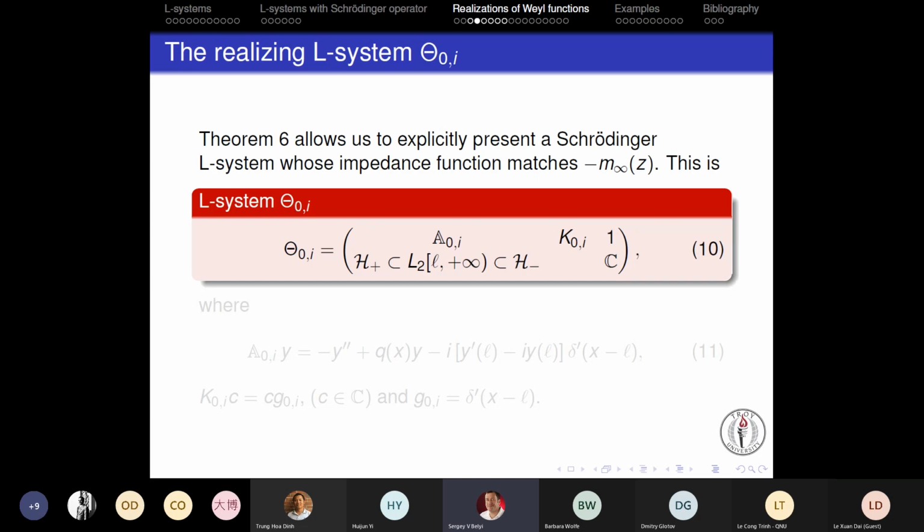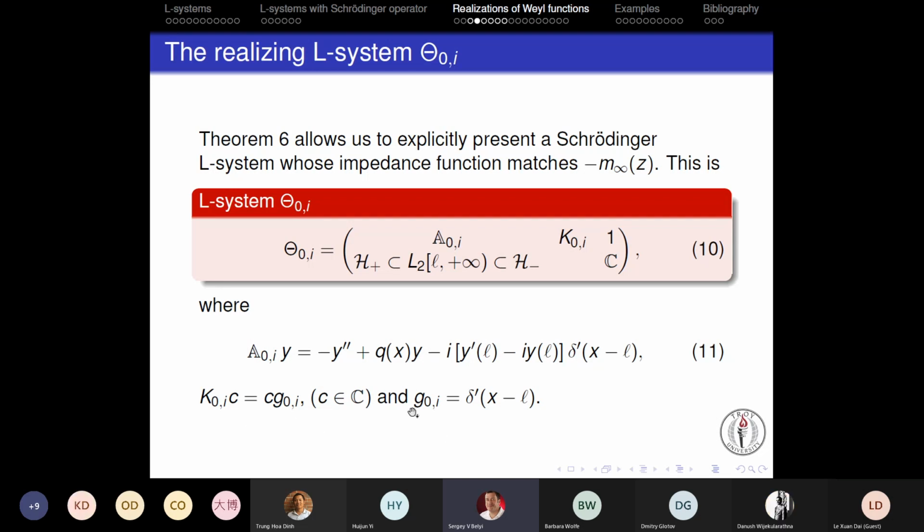Moreover, this system can actually be written explicitly. So letting mu be 0 and h be i, we get the following nice version of star extension, as you can see in Formula 11. Operator K is also very specific. We know that delta function prime here serves as a channel vector, and just multiply it by number c, you'll get it.